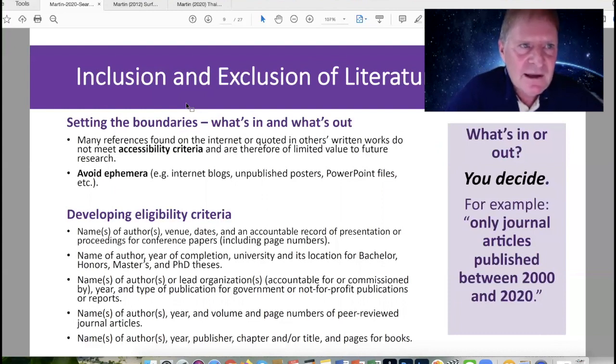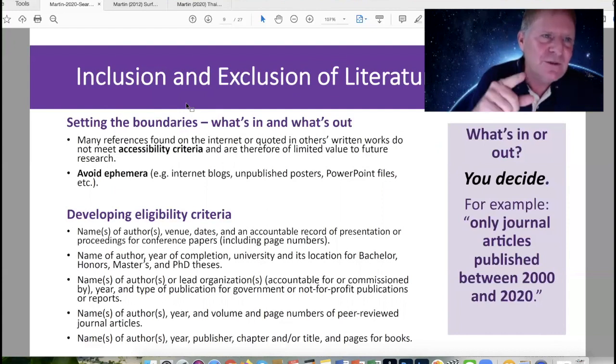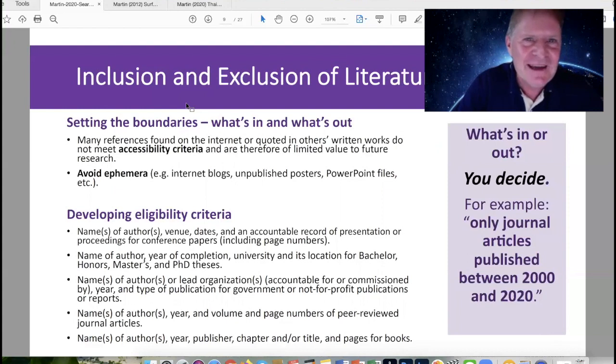But I think in general, a thesis is pretty strong, especially at the doctoral level. At the undergraduate and master level, maybe less so. But it may depend upon the work and the university and some other criteria. But it's definitely okay to cite master's and PhD theses in your research. Absolutely. In many cases, it's very important.